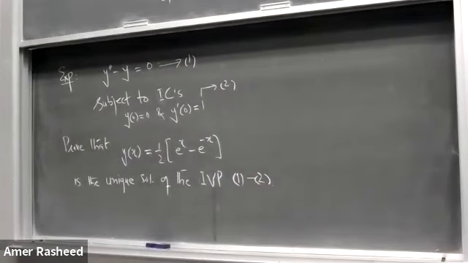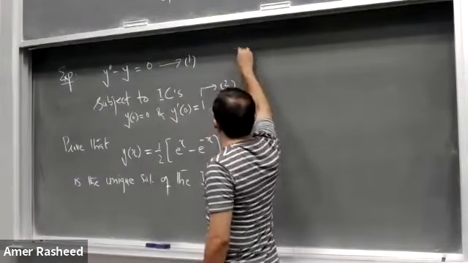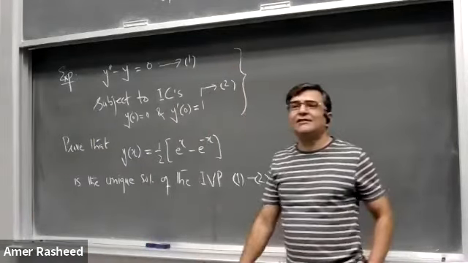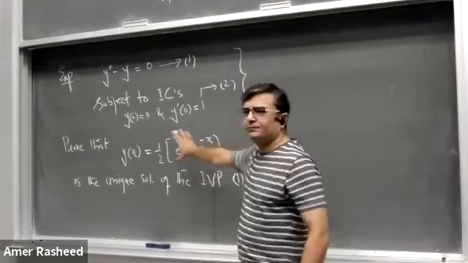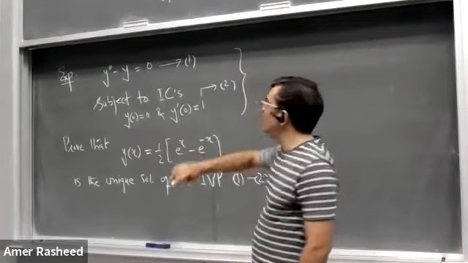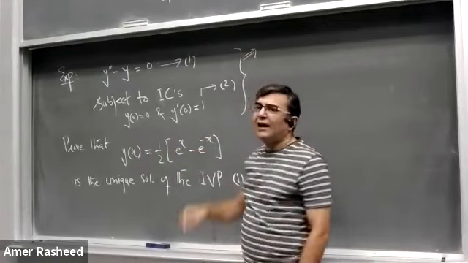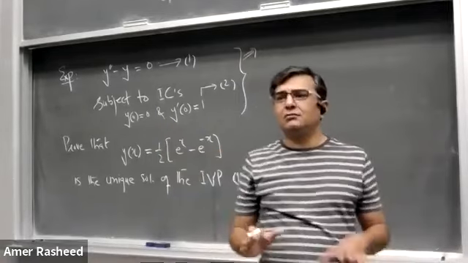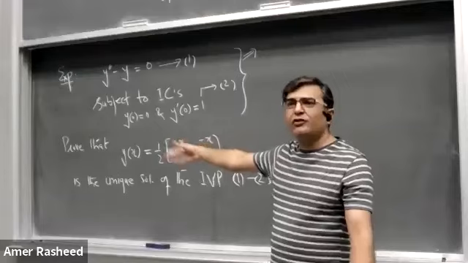Now, in order to verify whether problem 1 and 2 has a unique solution or not, we don't need this function. In order to prove whether this differential equation has a unique solution or not, we don't need any function. How can we do it?